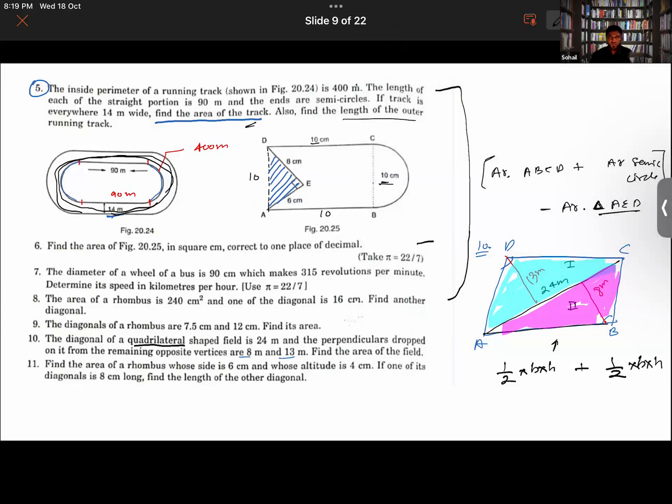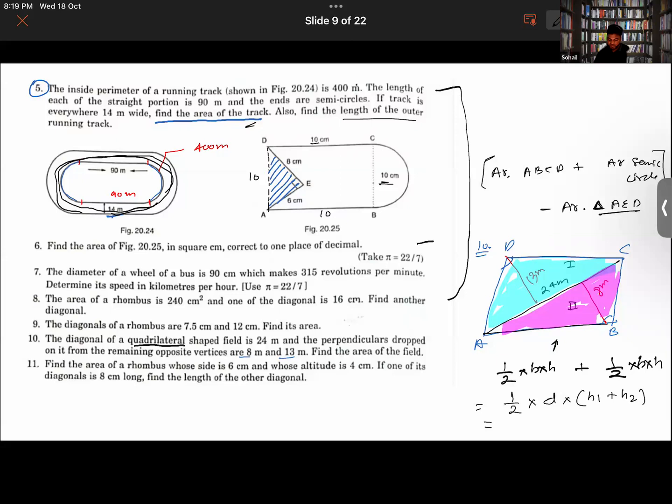So we can also do half into main diagonal into both the heights. Exactly. So it will be half into d into height 1 plus height 2, H1 plus H2. Very good.